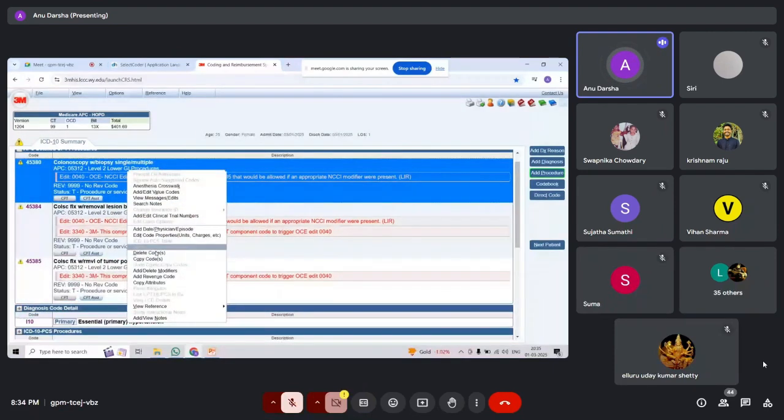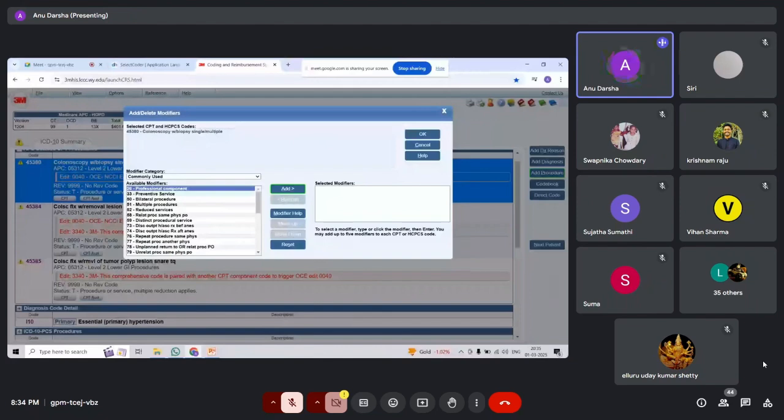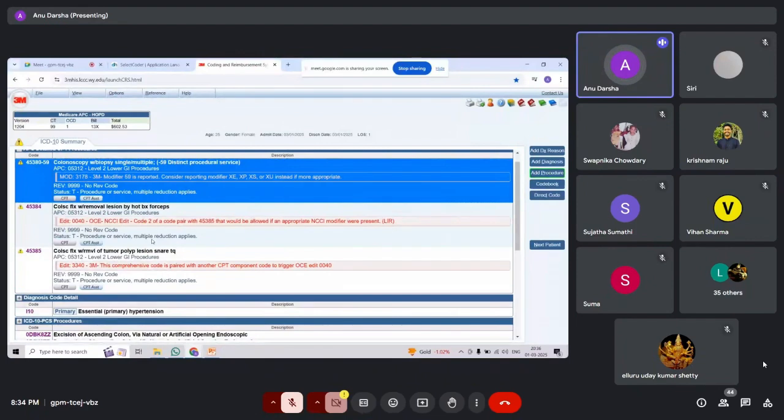If you append 59 modifier, okay, right click on the CPT and then go to add or delete modifier. Okay, then you will get the list of modifiers. Click on whichever is appropriate. 59 is the one which you will be using for unbundling. So as per this edit, it is bundled, it is saying that it is a bundled service.